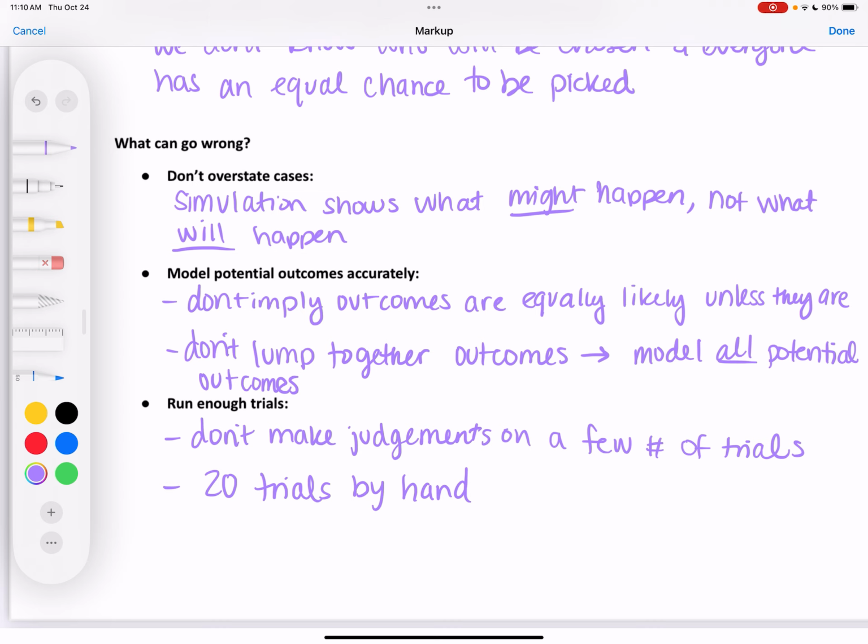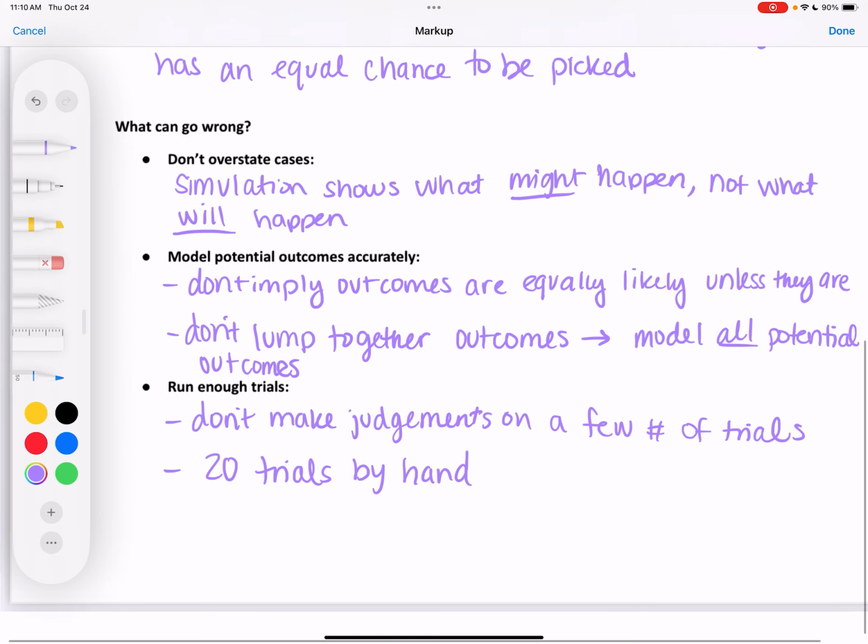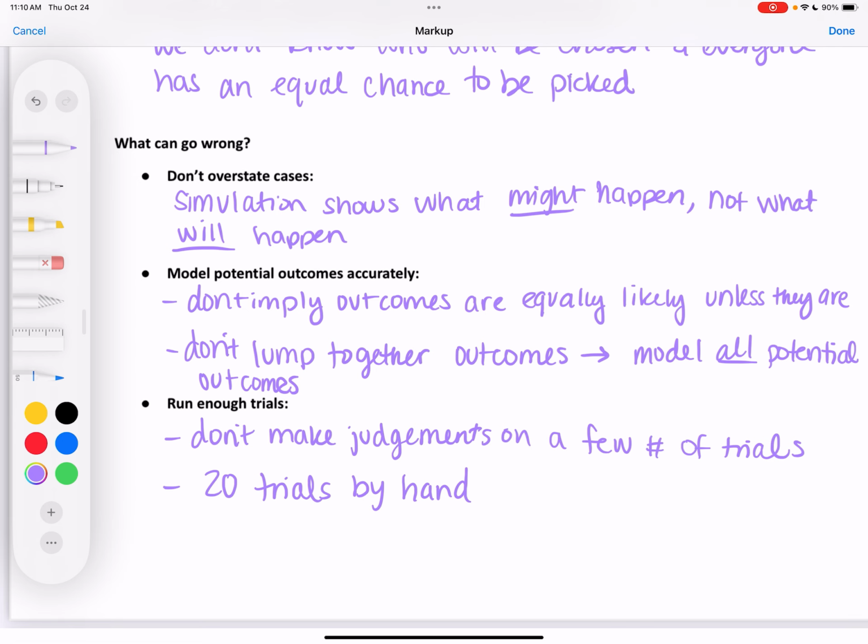Typically when I'm saying 20 trials by hand, what I mean is use your calculator to run that, because I'm trying to save you time from having to look at a random number table and look at each individual thing, because that can be a pain. If we're using a computer where we can hit a button and it runs all the trials back to back, I want to run about 100 to be sure.